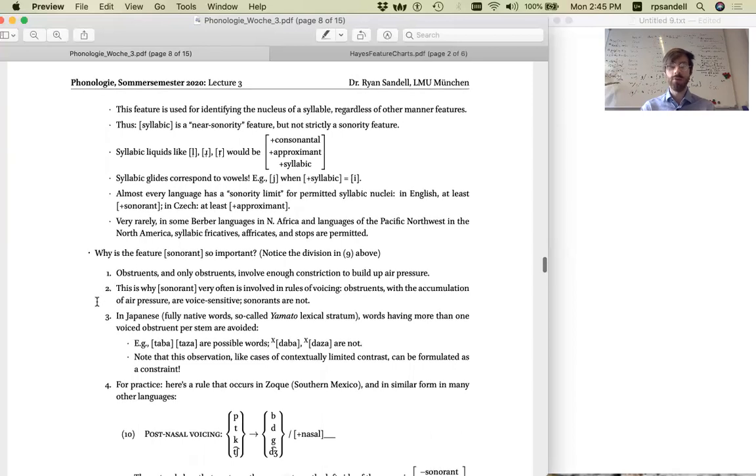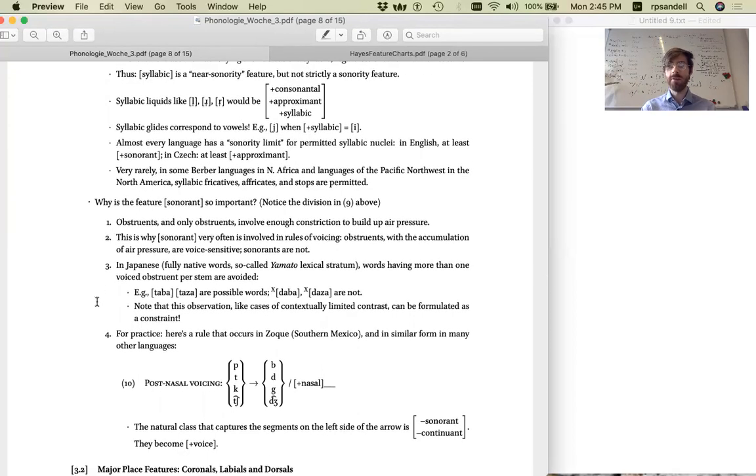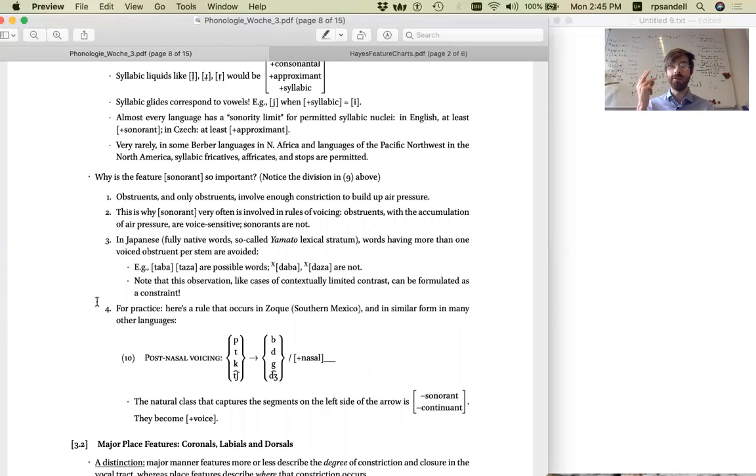The reason why it's so crucial is that the sounds that belong to the class of obstruents, fricatives, affricates, and stops, are the only ones that involve enough constriction, enough closure in the mouth, to build up air pressure. And for this reason, the feature sonorant is often involved in rules of voicing. As I mentioned above, obstruents, because they have an accumulation of air pressure, are often sensitive to voicing, whether the vocal cords are allowed to vibrate or not, whereas sonorants very often are not sensitive to such processes.